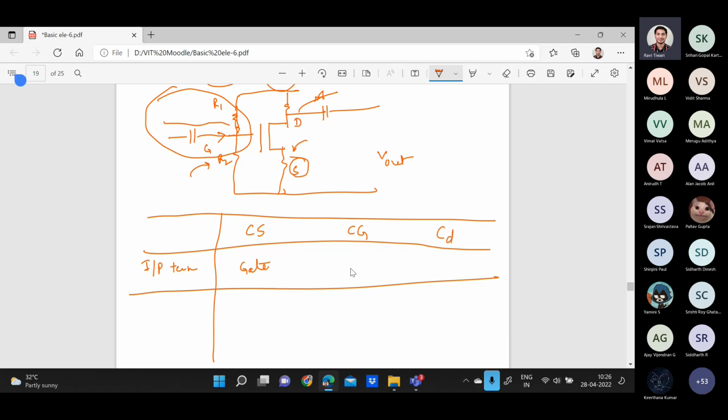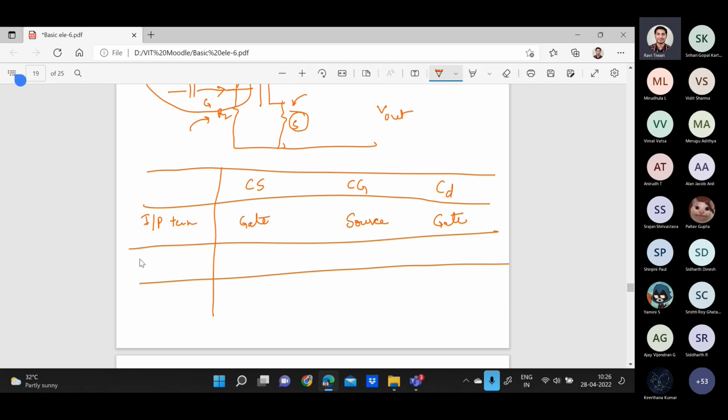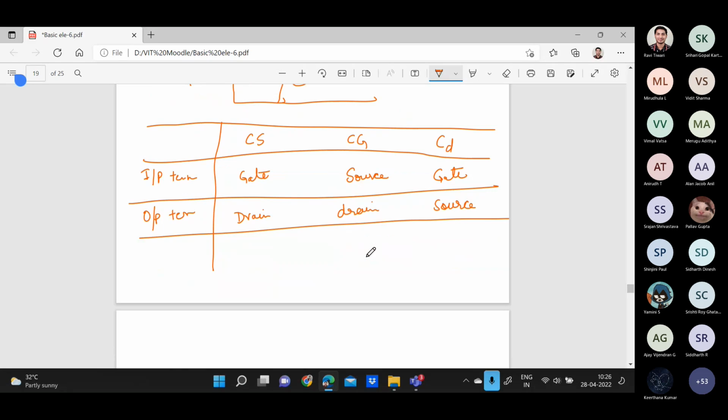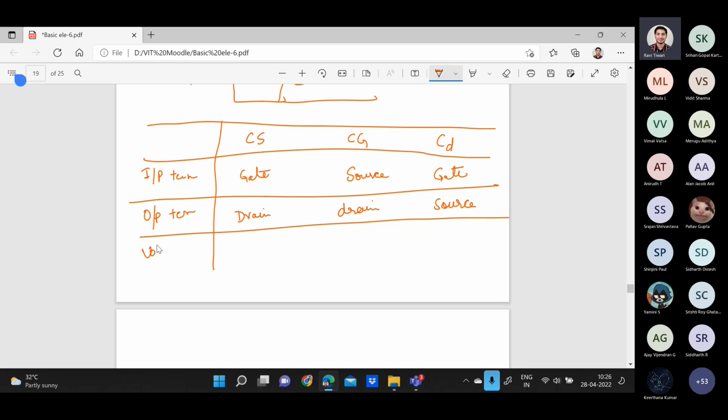In case of common gate, it will be source. In case of common drain, it will be gate. Now the output terminal: it will be drain, again drain, and this is the source terminal. Voltage gain is a very important part. Voltage gain.